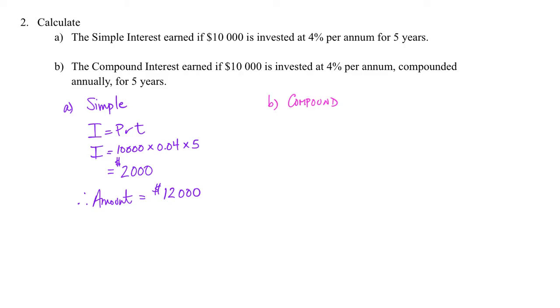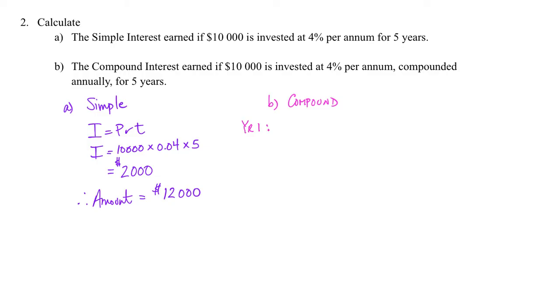Our compound is going to take a little bit more work because what you're going to notice is I need to be adding in that interest at the end of every year. Okay. I need to calculate simple interest every single year. So what about year 1?